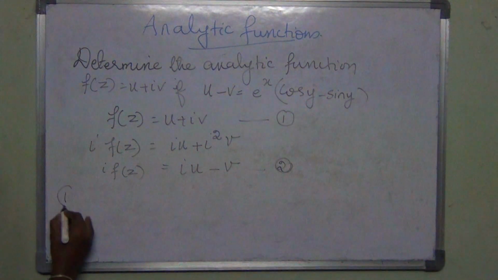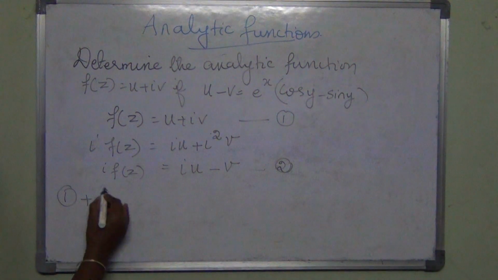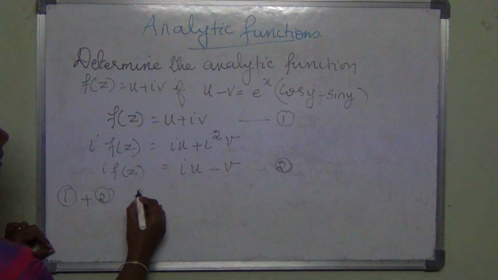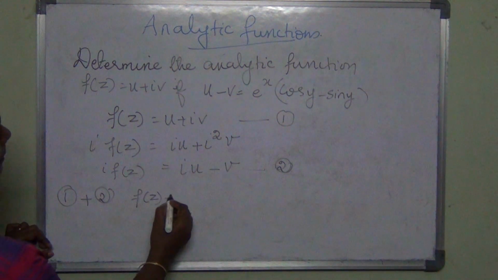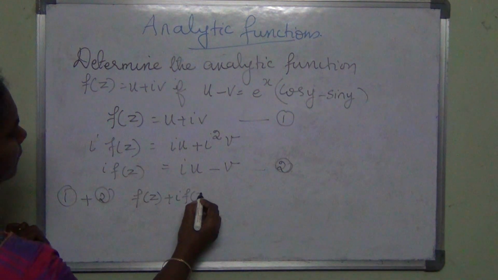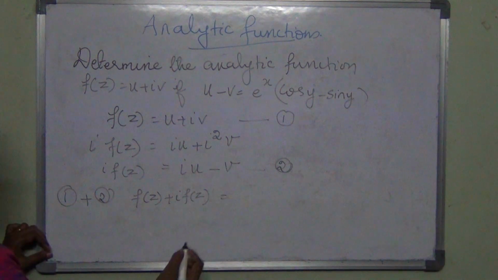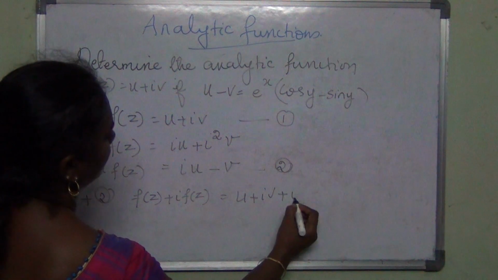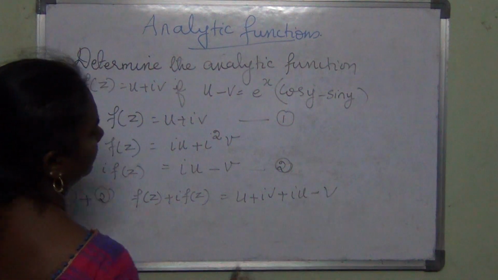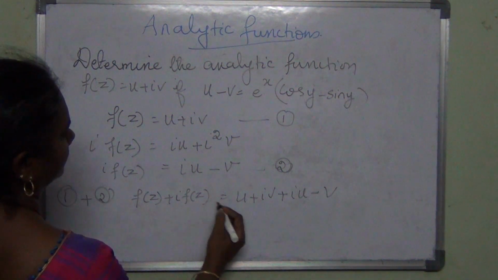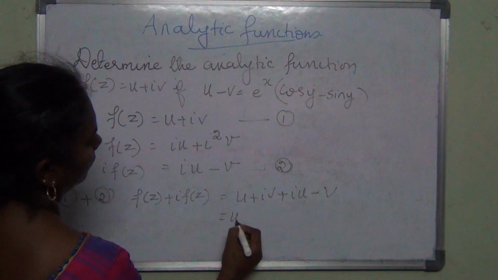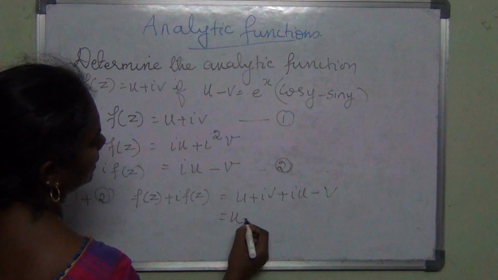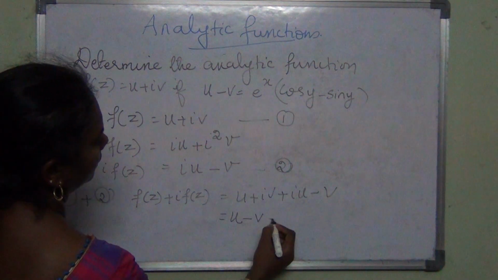Now let us find 1 plus 2. So 1 plus 2 is f(z) + i·f(z), and this is equal to u + iv + iu − v. Now we will combine the real terms, u − v.